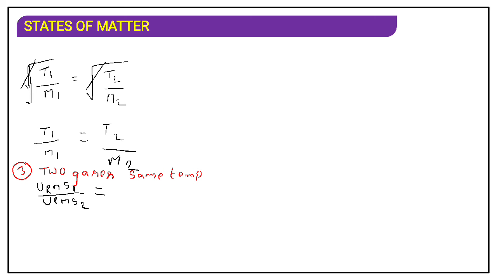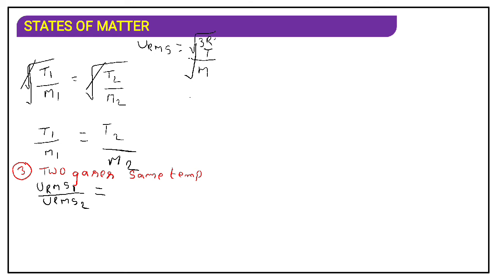You know the basic expression: URMS equals square root of 3RT divided by M. Which is constant here?